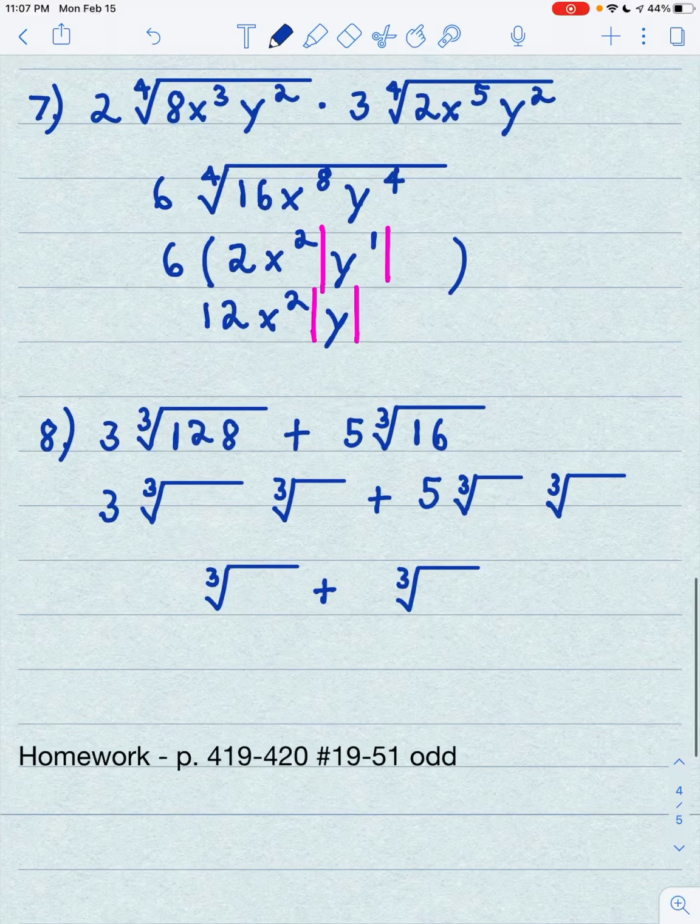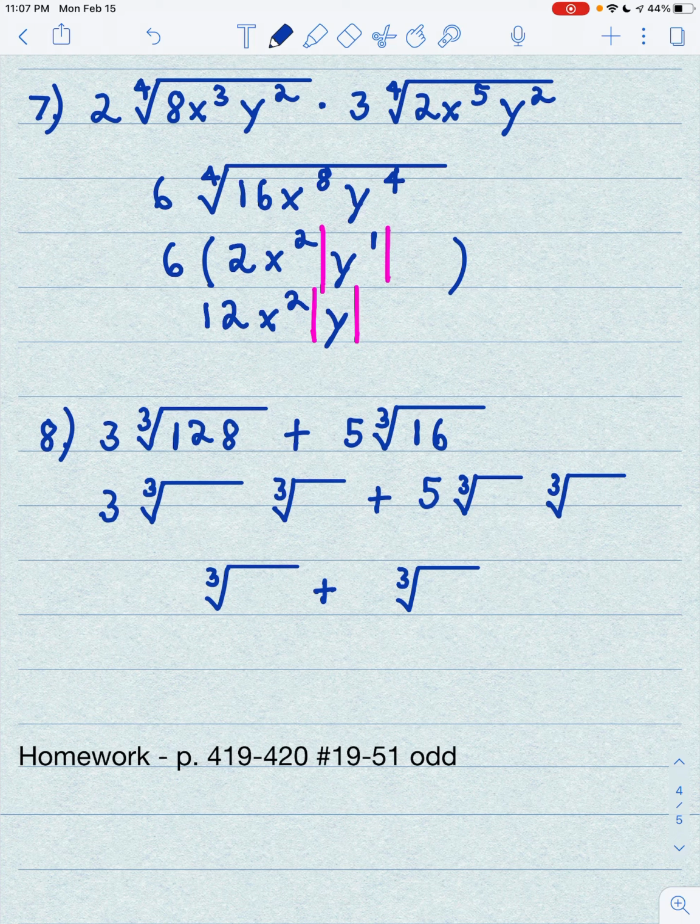One more problem. All right, last problem. 3 times the cube root of 128 plus 5 times the cube root of 16. I'm going to break up the cube root of 128. Now, this is where that half sheet comes in handy. I'm trying to think of what perfect cube goes into 128.